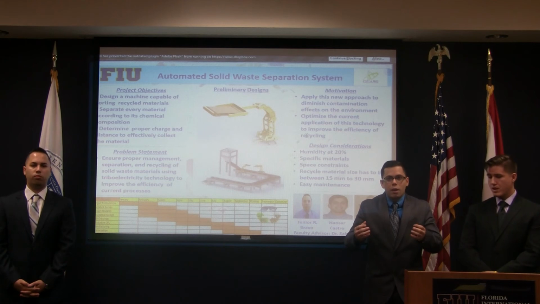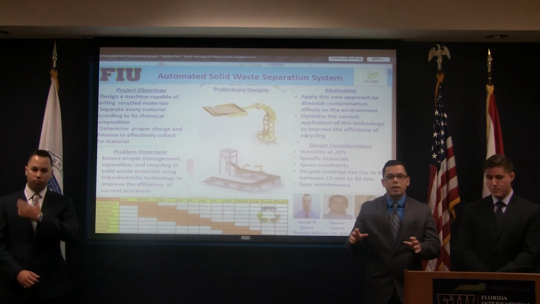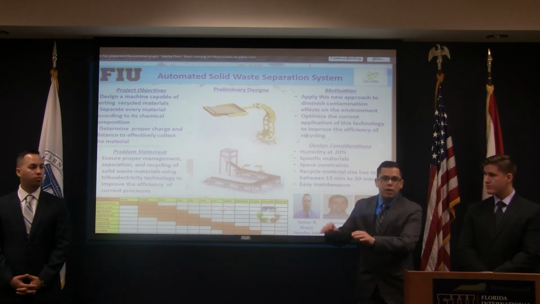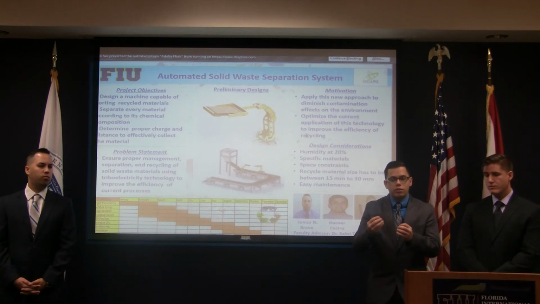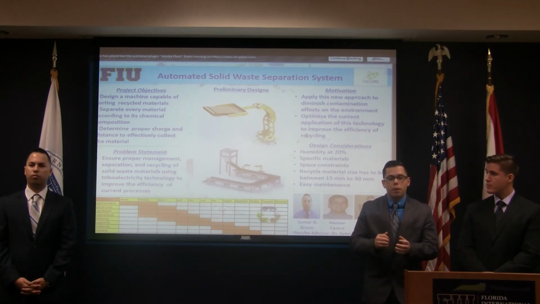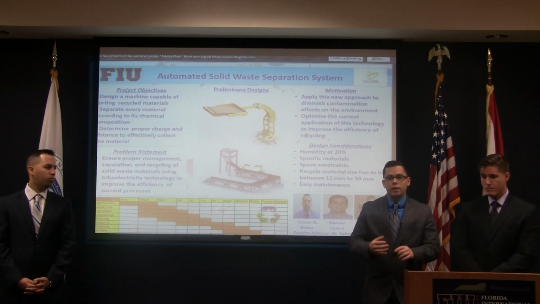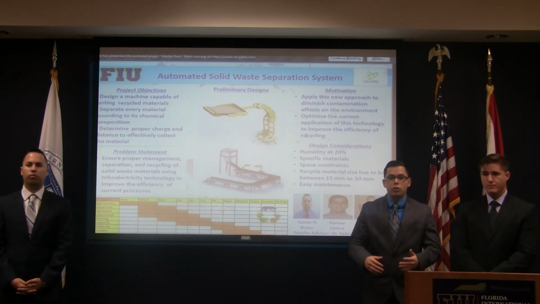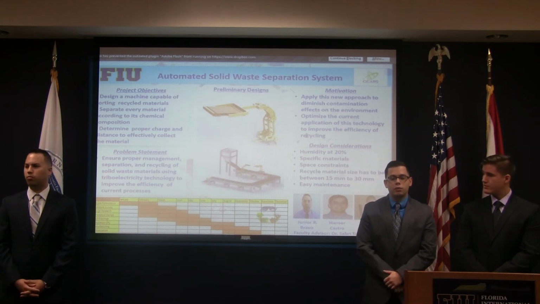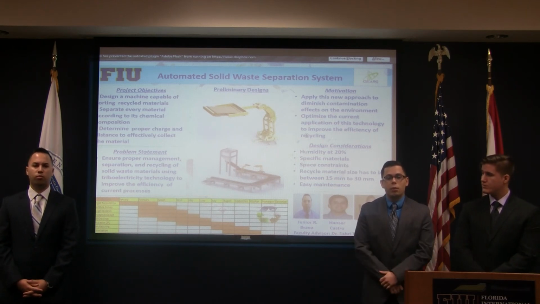We're basically designing and creating something. Yes, something similar is already on the market, but not separation by the chemical composition of the material. So we have to seriously take into account all the constraints in our system in order to be efficient and to be able to separate all the materials that we want.